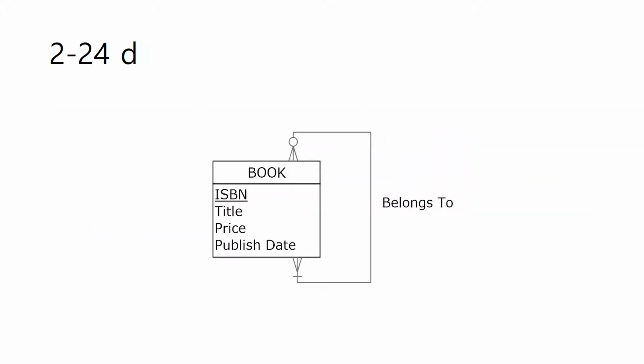So book, same: ISBN identifier, title, price, publish date, and book belongs to 0 through many, and also the book series, there must be at least one book up to many books.